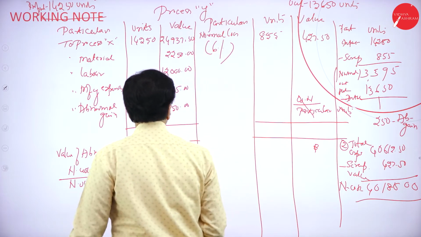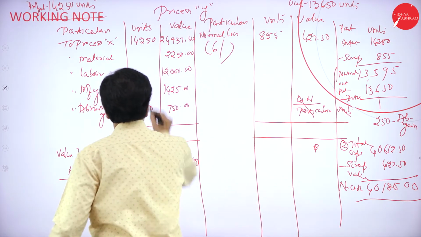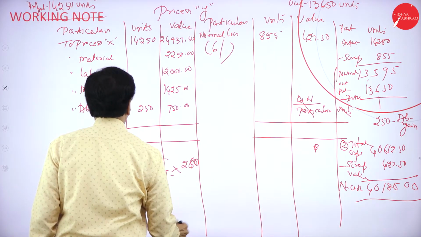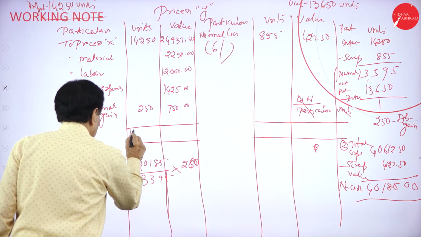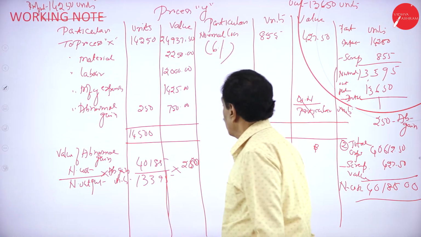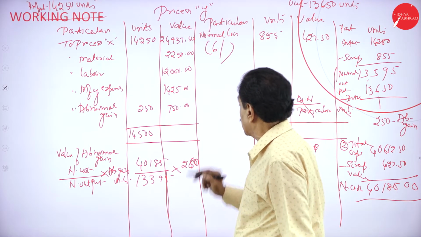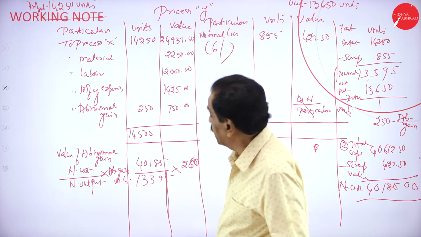So if you add the figure now, the debit side becomes more. 14,250 plus 250 abnormal gain means 14,500 units.